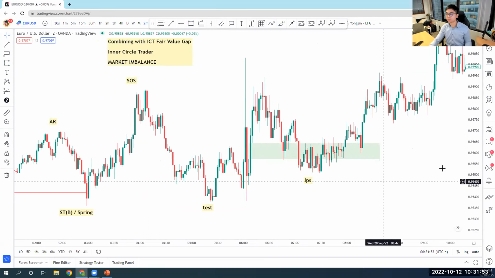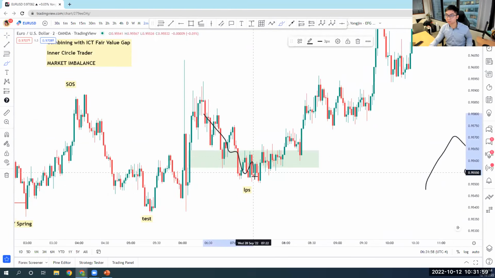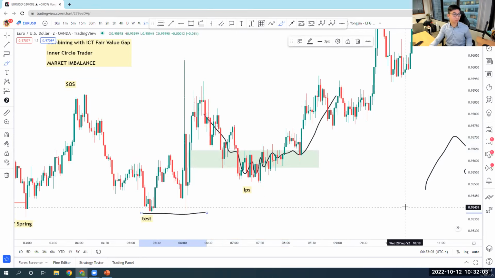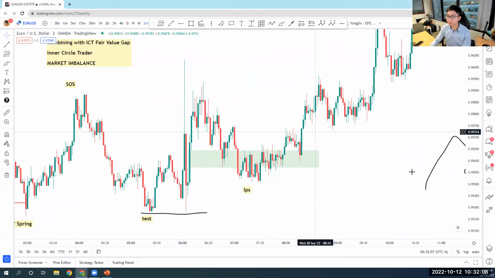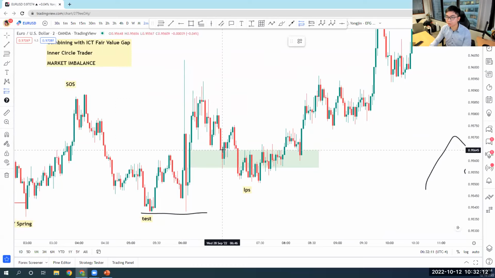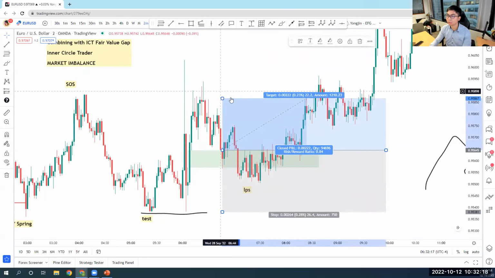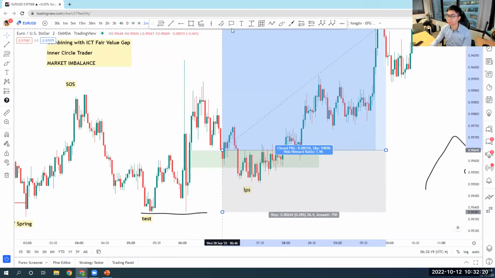You can see price comes back down all the way just to clear the market imbalance before it goes up, but my stop loss is below here. So all is fine. What I like to do is my entry at the top of the market imbalance, stop loss at the bottom, and head all the way up.